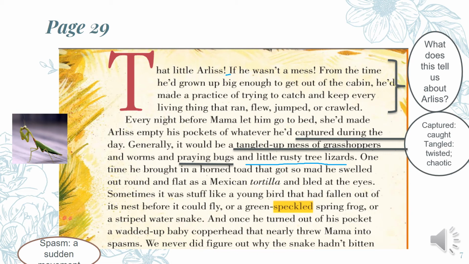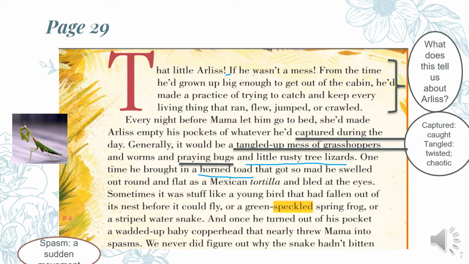One time he brought in a horned toad. You know the horned toad, the one that you can see in the previous slide, that got so mad he swelled out round and flat as a Mexican tortilla, you know, this bread, and bled at the eyes.